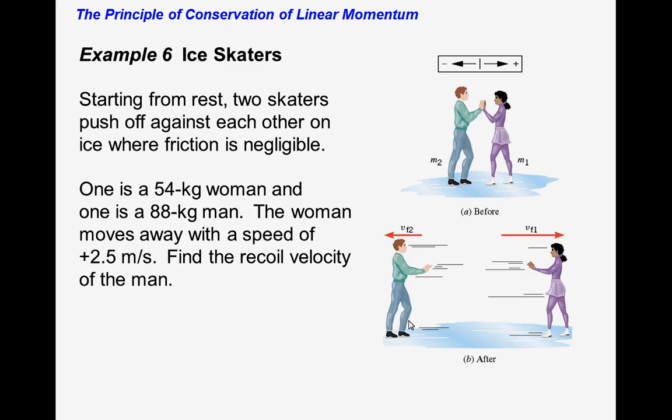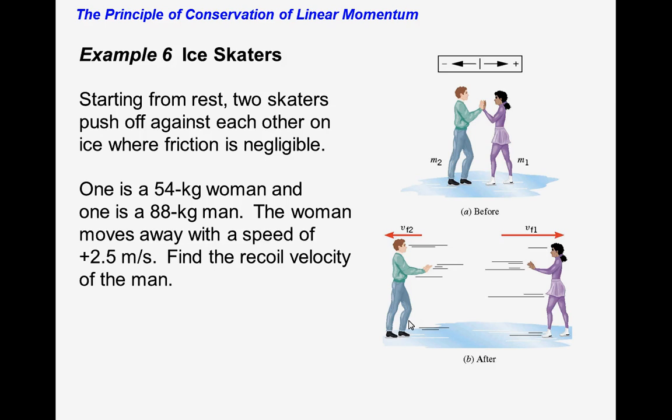If he has a momentum of 135 kilograms times meters per second, and I guess we'll say it's negative, that's the product of his mass times velocity, then his velocity has to be negative 135 kilograms times meters per second divided by his mass of 88 kilograms, which equals 135 divided by 88, negative 1.53 meters per second.